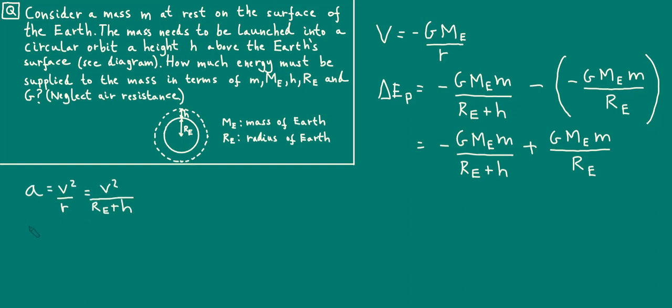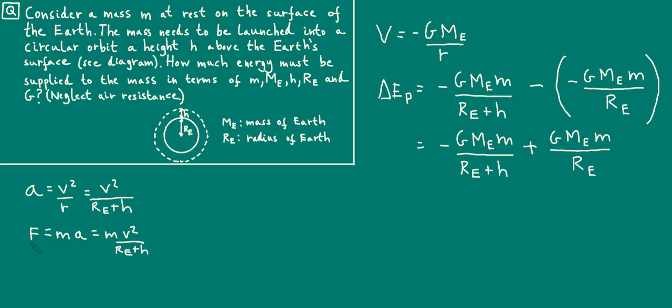So let's examine Newton's second law, which of course connects the resultant force on our object, or our mass m, and its acceleration a. We can replace a with the expression directly above. Now the resultant force here on the satellite is simply the centripetal force acting on it. And that's simply the gravitational attraction exerted by the Earth on the satellite.